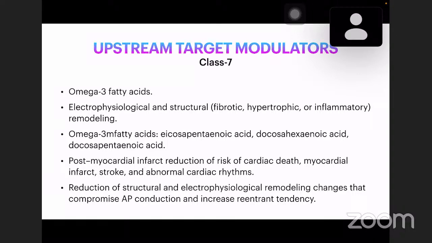As I said, it acts on a long-term basis to decrease abnormal cardiac rhythms. They are not short acting. They need more time to act on the myocardial tissue and remodel the tissue. So there will be reduction in structural and electrophysiological remodeling changes that compromise AP conduction and increase reentrant tendency.